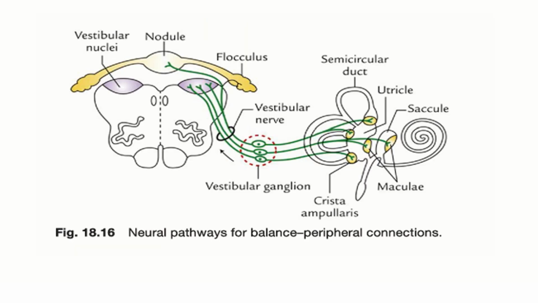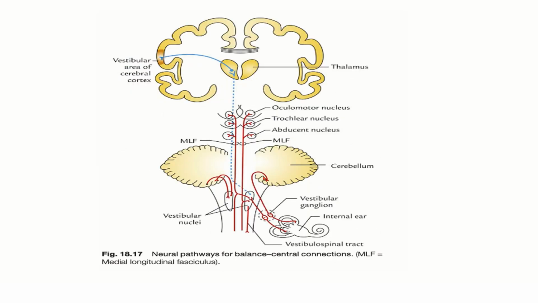You can also see certain fibers going directly to the flocculonodular lobe. From the vestibular nuclei there are projections going to the spinal cord, the vestibulospinal tract. You can also see certain fibers going to the cerebellum, the vestibulocerebellar tract. You can see the connections through the medial longitudinal fasciculus to the third, fourth and sixth cranial nuclei.